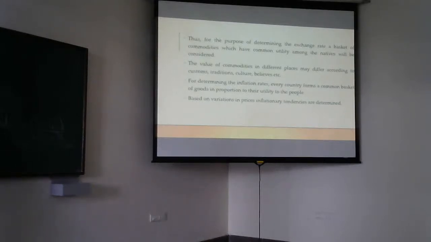But due to inflation, if the prices change, automatically the value of this basket is also going to change. For determining the inflation rates, every country forms a common basket of goods in proportion to the utility to the people. Based on the variation in the prices, inflationary tendencies are determined. So, if the prices are increasing, we can say the inflation rate increases. If the prices are going down, we can say that inflation has gone down.